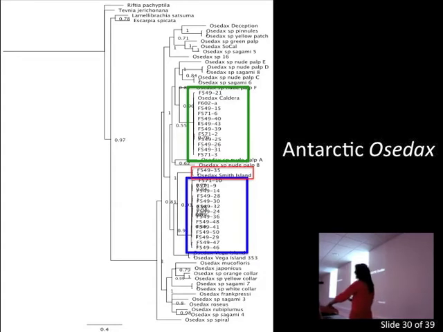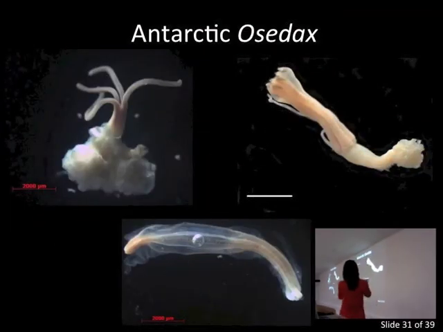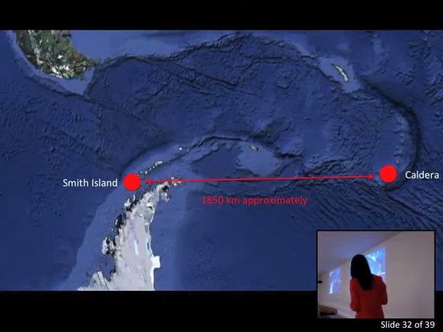And when I ran the genetics, it turns out that my one Osedax species was actually 3. And because I'd gotten them in such bad condition, I couldn't actually tell from just looking at the worms that they were different species. So what was now one Osedax is now 3 species of Osedax. And these 2 are totally new to science, and this one has been found once before.